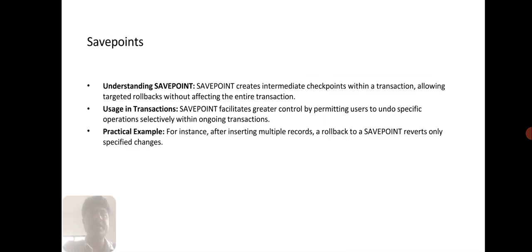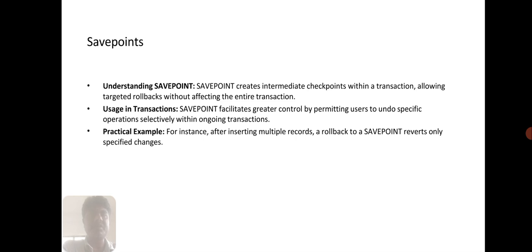Next is save points. Save points create intermediate checkpoints within a transaction without affecting the entire transaction. So the entire transaction is not affected, and that is why the save point is very important in an SQL transaction.